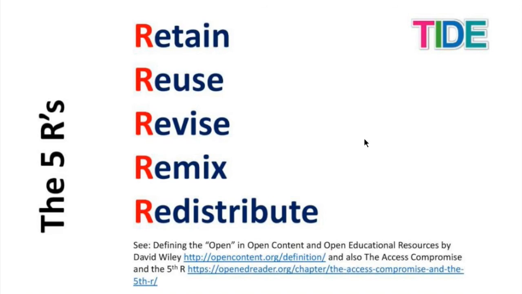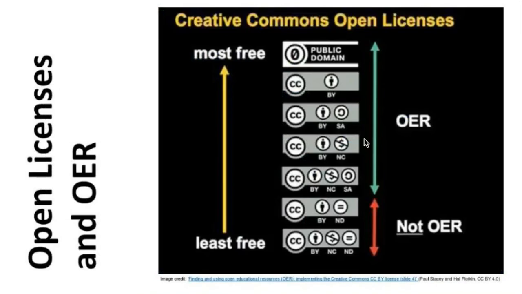So that means to create something new from the resource, and also to redistribute it, to share it with other people. So in terms of open licenses, we can see that open licenses give us a range of different permissions, and some of these you can describe as being open educational resources, and some of them not.